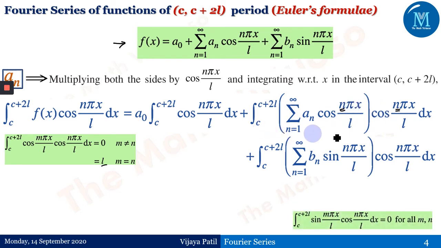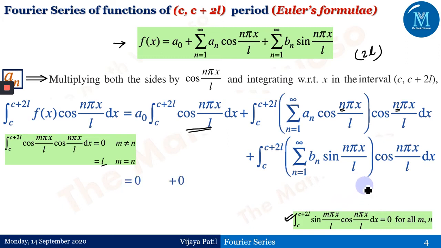What will happen to the other terms? Obviously, as we have seen the last time when calculating a0, the integration from c to c plus 2L of cos of n pi x by L will give me 0. Similarly, if you observe this sine and cos, we have a combination of these two, and we have seen in the first session of this Fourier series that these are orthogonal functions of period 2L. Because of the periodicity 2L, the integral from c to c plus 2L of this product is equal to 0 for all m and n.